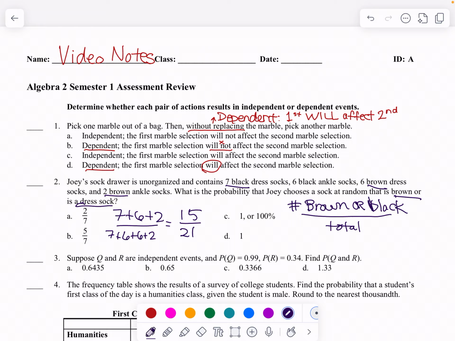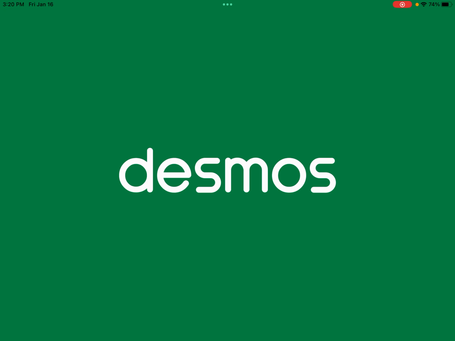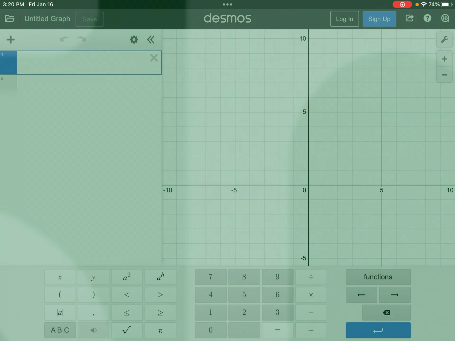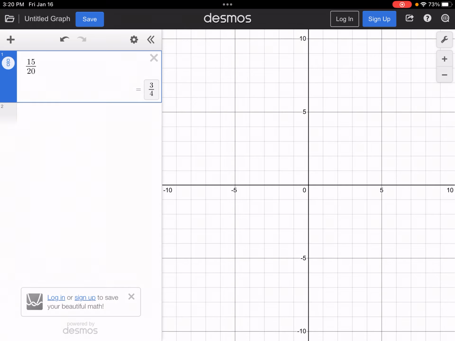And then if you remember in Desmos, let me see if I can find the Desmos app. I do, good. So on Desmos, as a reminder of what you can do, if you needed to simplify that fraction and you didn't know how, this is what you could do. You could do 15 divided by 21, and then this little button that's on the left side, remember that circle? Push that circle button and it'll change it.